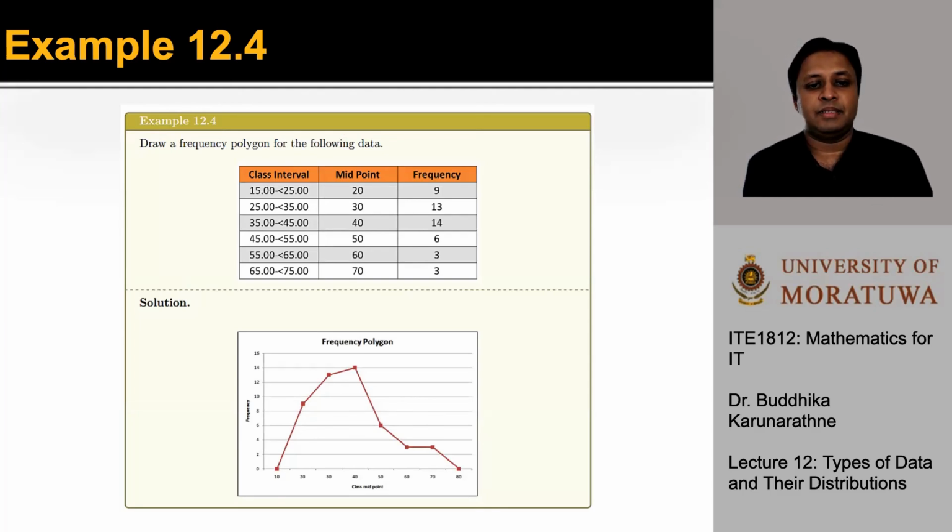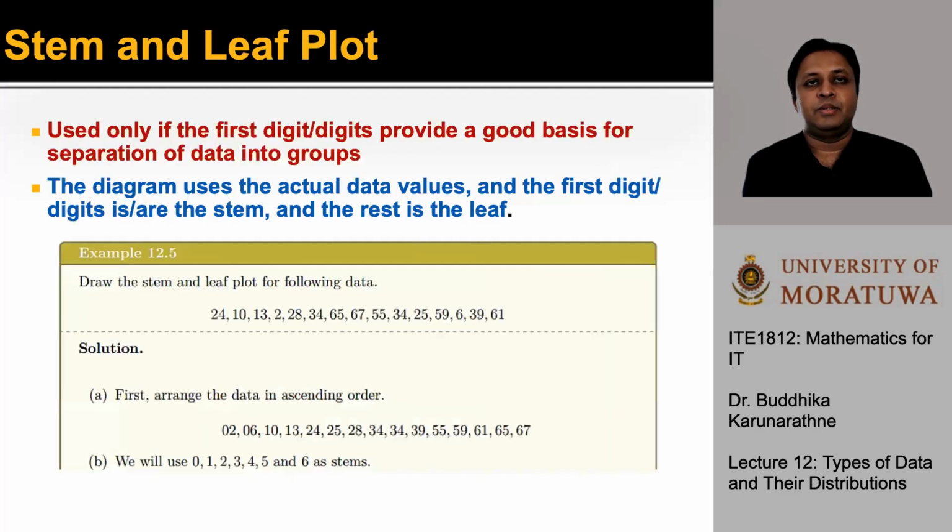And you can have the starting point and end point based on adjoining the classes. Taking the first class and the last class and the neighboring classes' midpoints, you can get the starting point. Okay, so that's the frequency polygon.